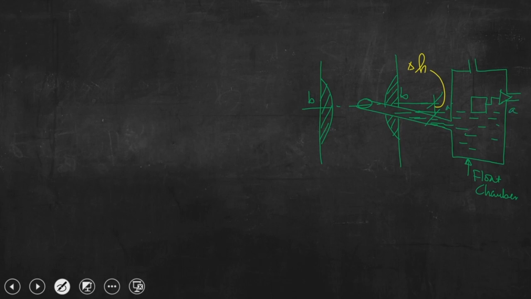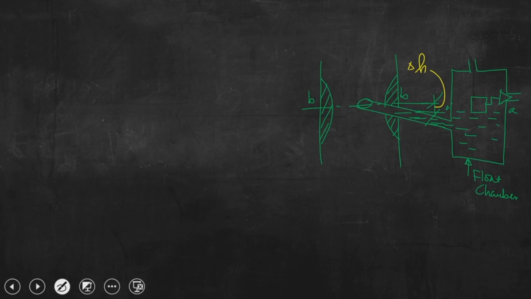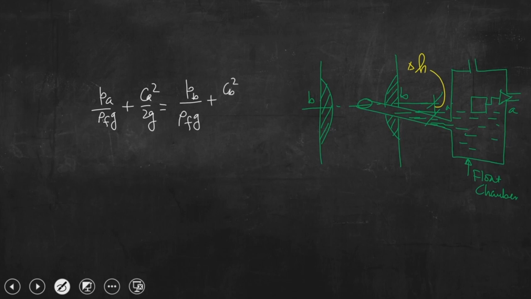So, what we can write is the equation: Pa by rho f into G plus Ca square by 2G equal to Pb by rho f into G plus Cb square by 2G plus delta H plus Hf.